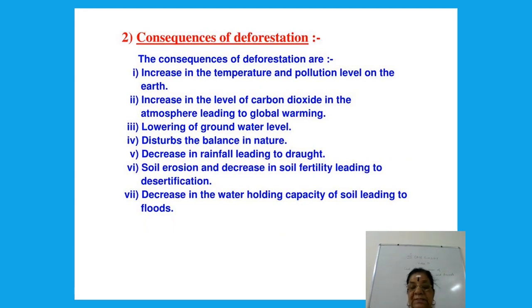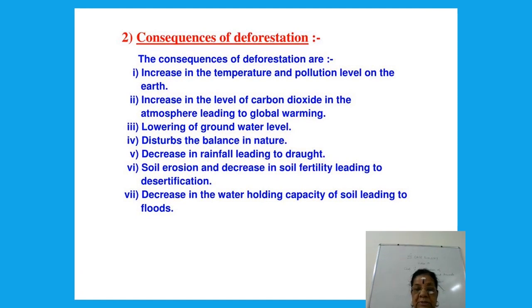Then what are the consequences? Now the two children Peli and Buju recalled the consequences of deforestation. They remembered that deforestation increases the temperature and pollution level on earth. It increases the level of carbon dioxide in the atmosphere.